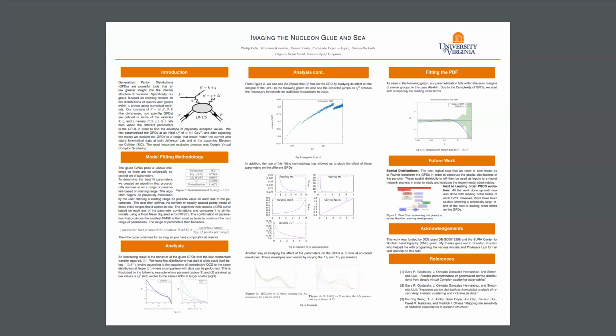We then select the combination that produces the lowest error and use it as a basis to construct the next range of parameters. Hence, this is a sort of cycle where it goes one cycle after the next, and the range of parameters then becomes the following. And this cycle continues for as long as you have computational time for, which is a not insignificant problem.